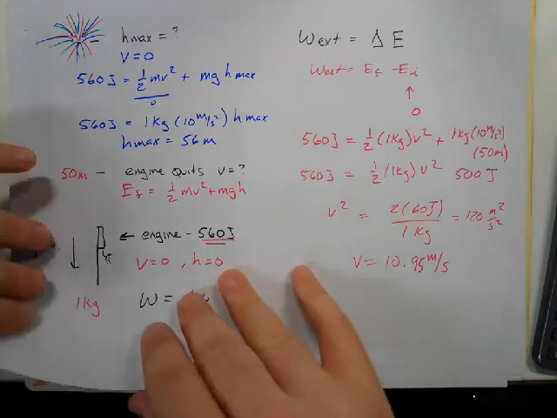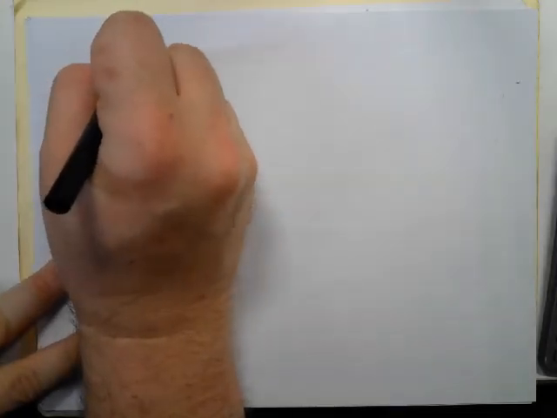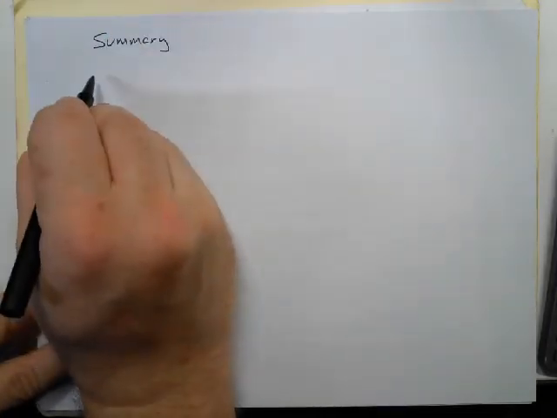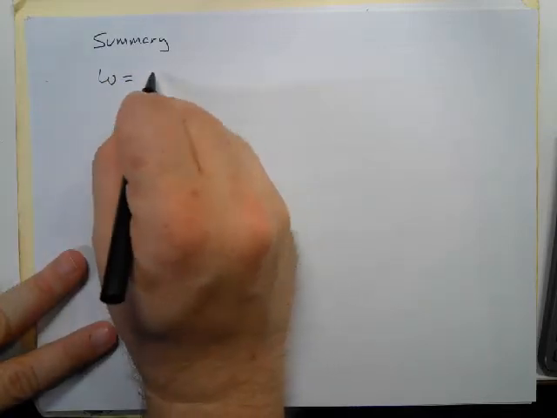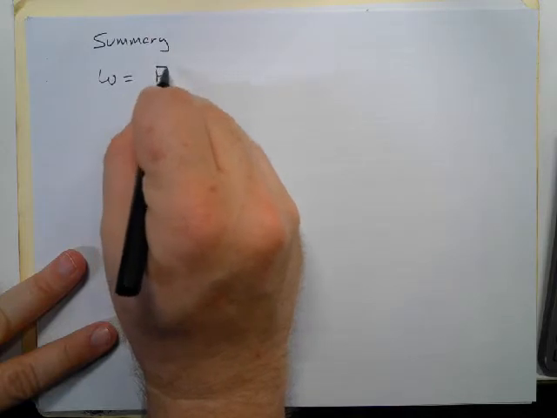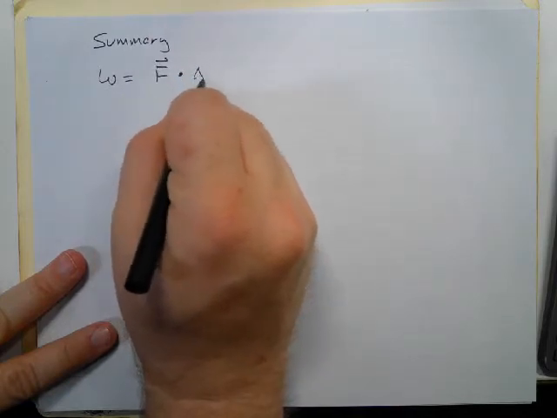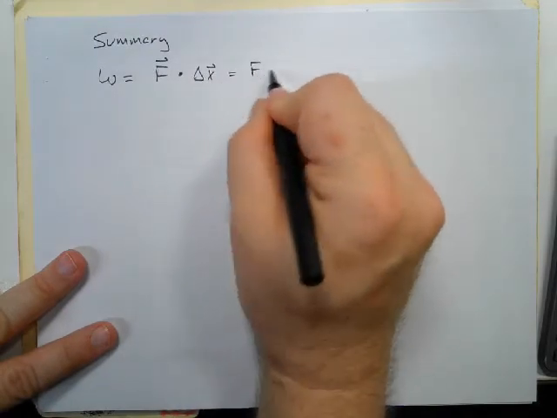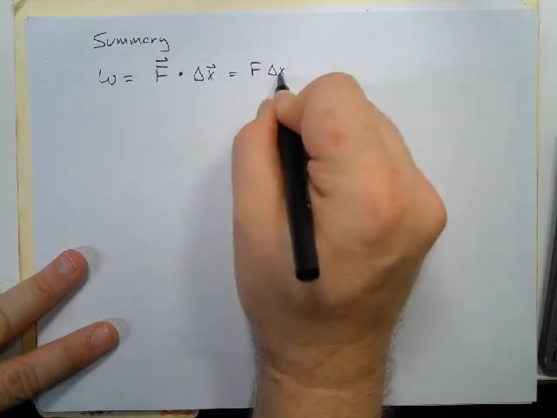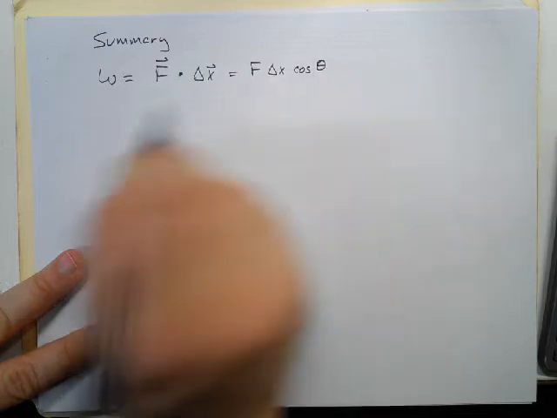energy. So, to summarize all of that stuff, this is a summary. We had that the work is the force vector dotted with a displacement vector. And for the purpose of this, I'm just going to use the F delta x cosine theta definition.